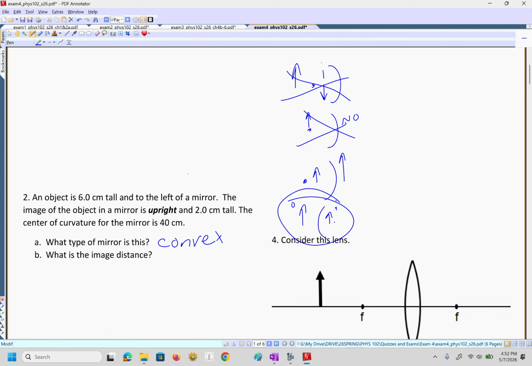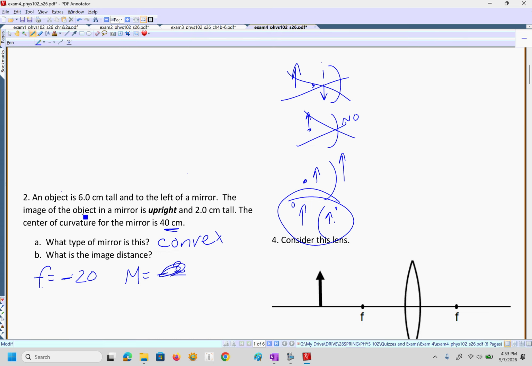In this case, it was really important because the focal length of a convex mirror is negative. Center of curvature is 40, so that's negative 40 divided by 2, or negative 20. So that's our focal length, and then our magnification is negative Q over P. Our magnification is h_i over h_o rather.